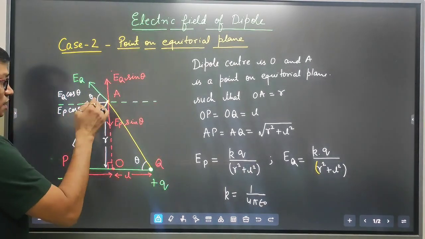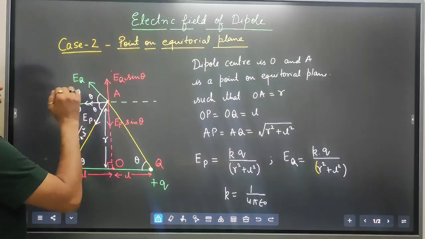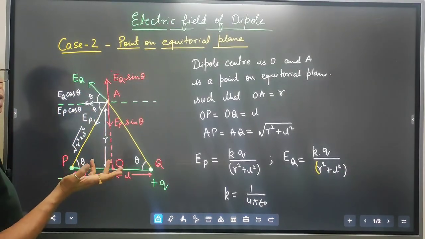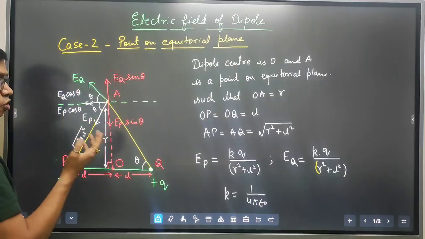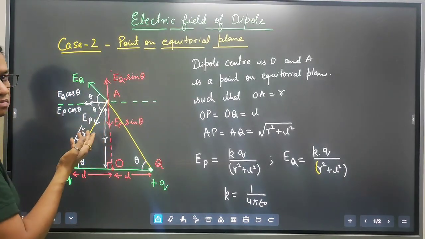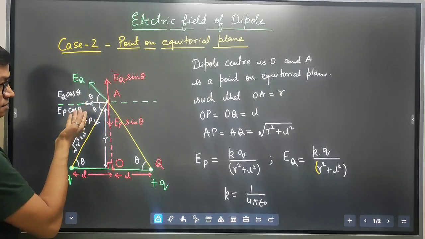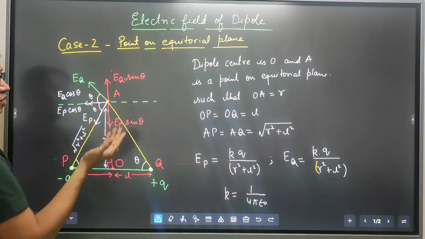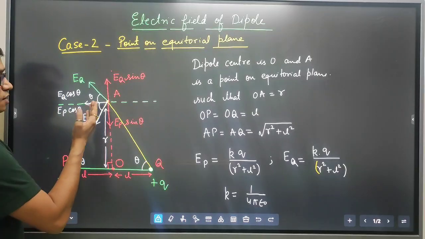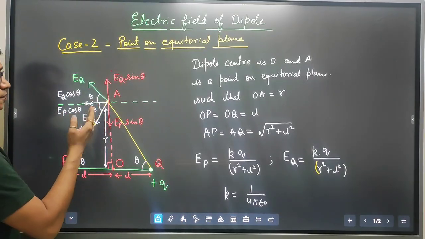Now these are the two vectors, EQ and EP, whose resultant you are interested in. So this problem has shifted from an electrostatics problem to a vector problem. You have two vectors oriented like this and you are supposed to find the resultant. It's not that difficult. We'll use the componentization technique.